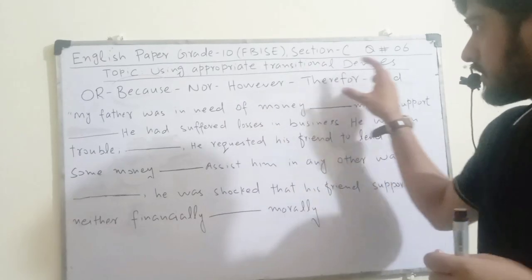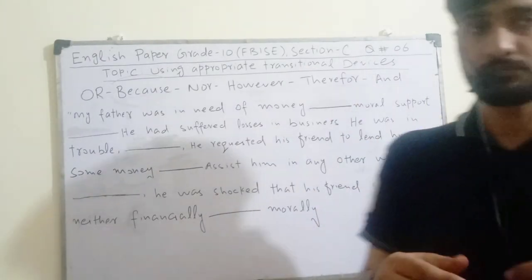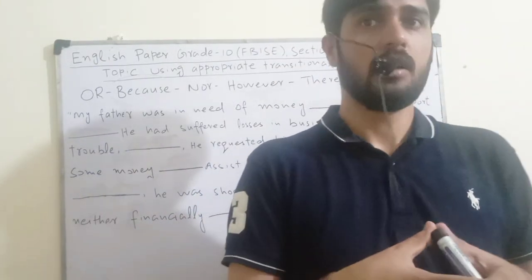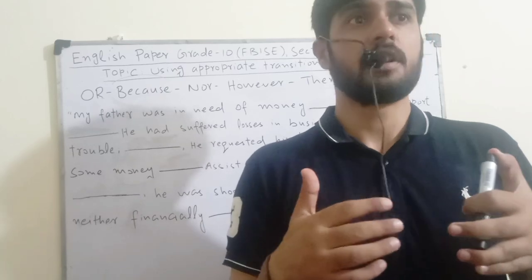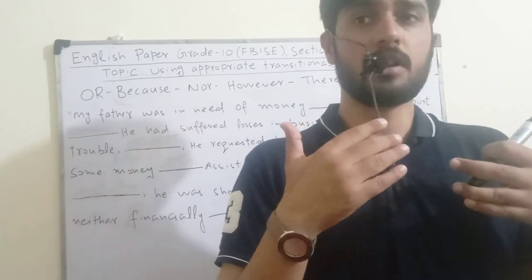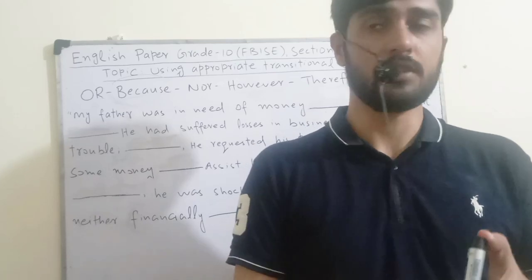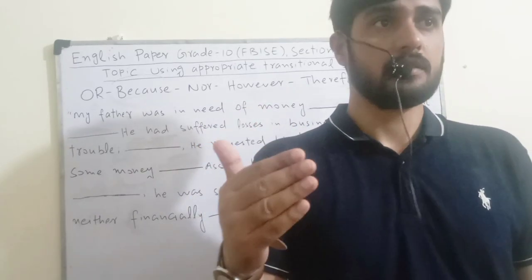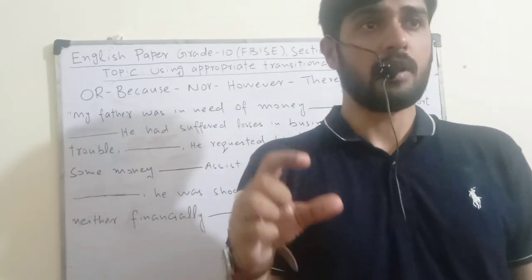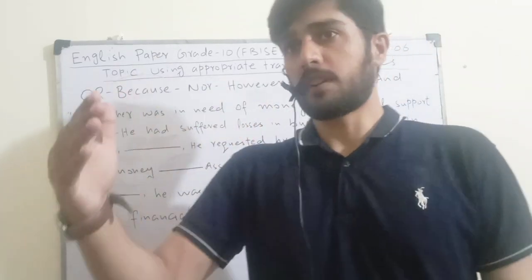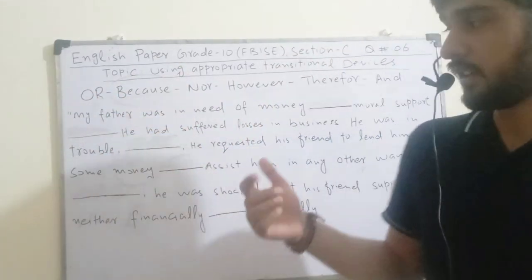This is an important question, and most students have a lot of queries about putting appropriate transitional devices, because they don't know the sense and the use of transitional devices, and what kinds are necessary to keep in mind while using them in the given paragraph.